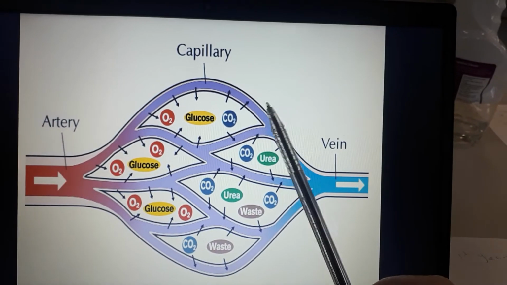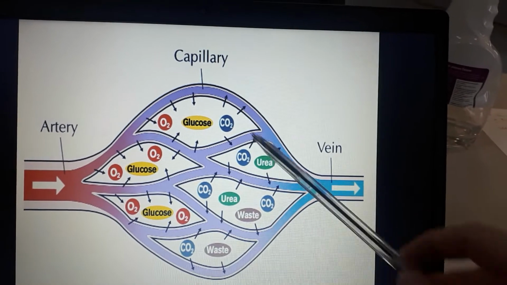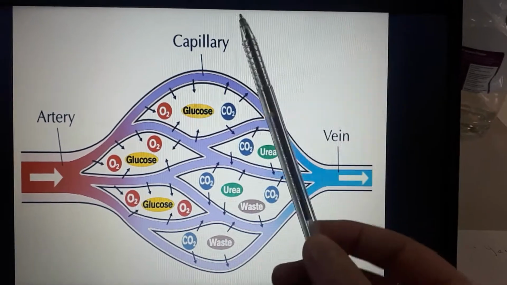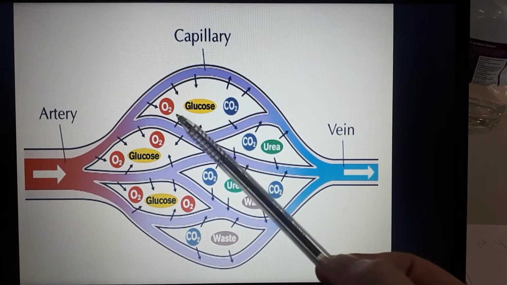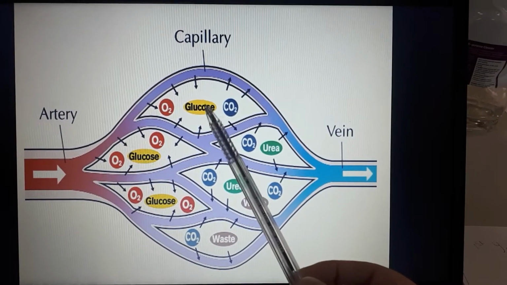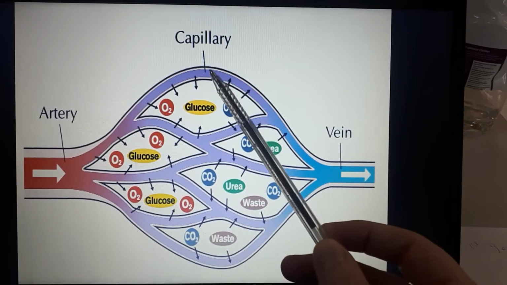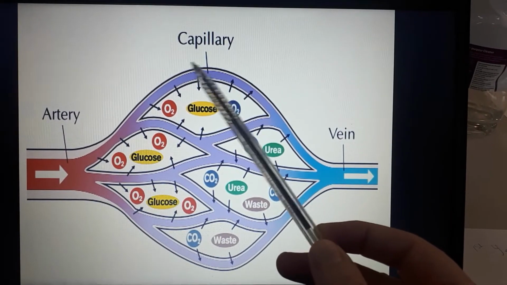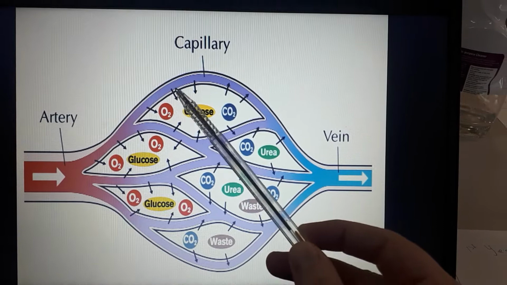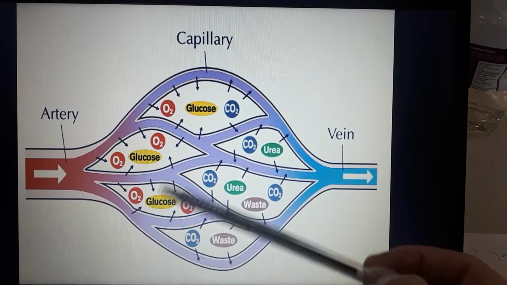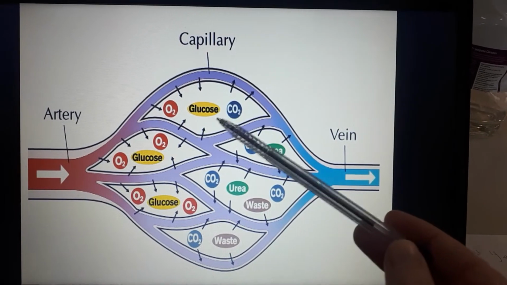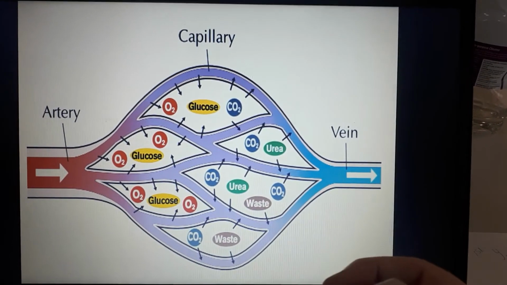Okay, this capillary then is where I have my cells. And remember, all living things respire, and we've looked at respiration, and when they respire, they need glucose and oxygen. So what happens is that in these capillaries, my glucose and my oxygen leave the arteries, and go into each of the cells, and my cells then are going to use my glucose and my oxygen.